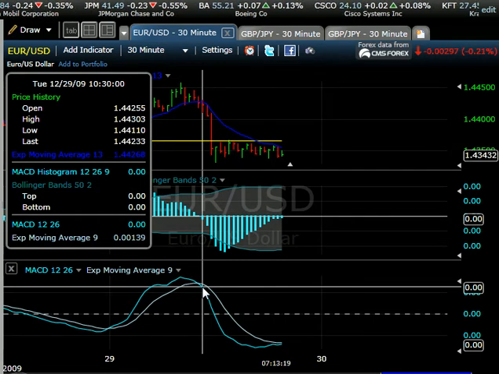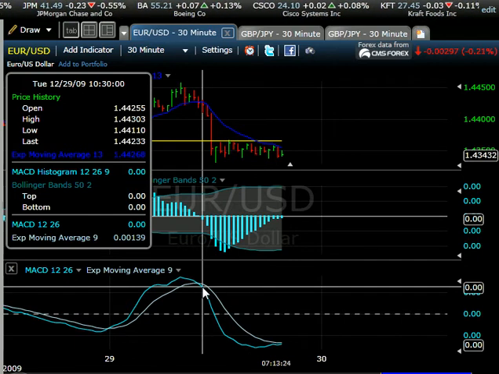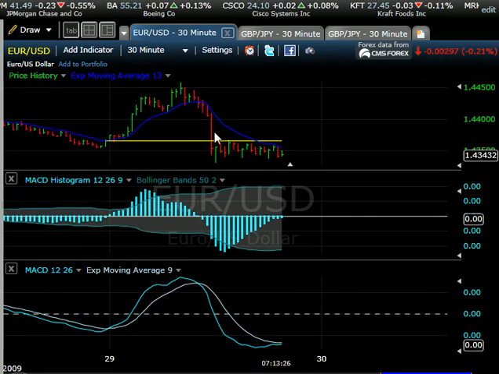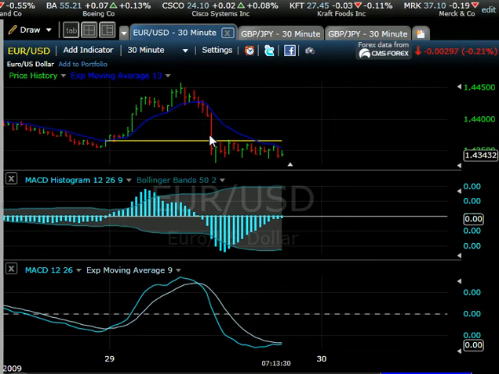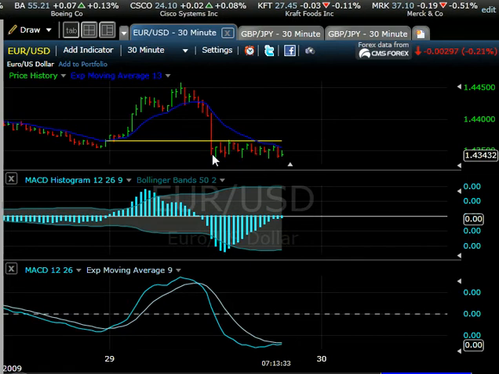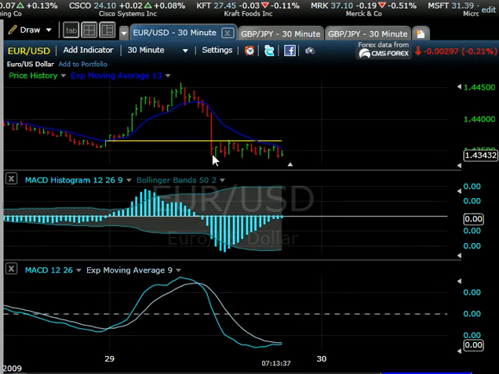This would have been ideal to get in right here, and as you can see on the chart, by doing that, you would have caught this price movement to the downside right here. So you would have made over 100 pips easy on that move alone.